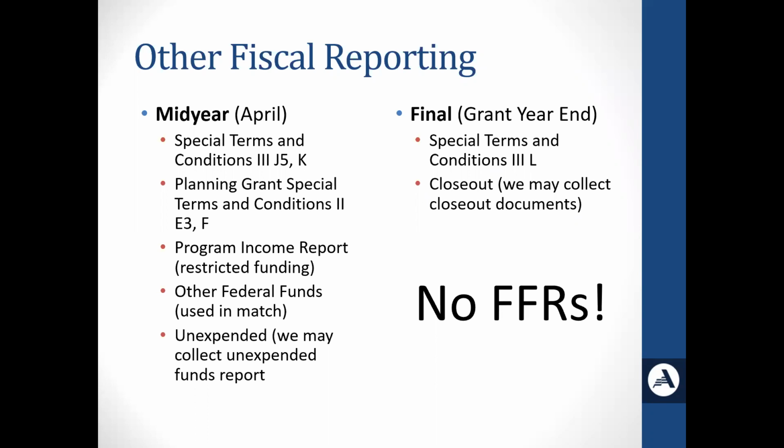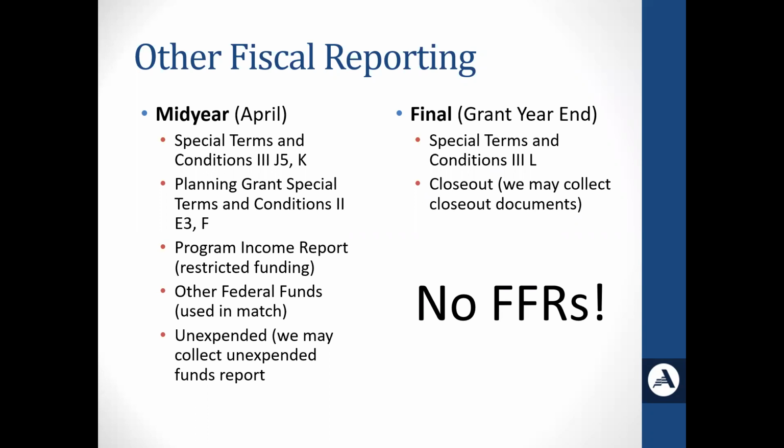And then we may be collecting unexpended funds at mid-year. It's a decision we make later on. And then for final at the end of the grant year, since we're not collecting FFRs, there's just closeout.